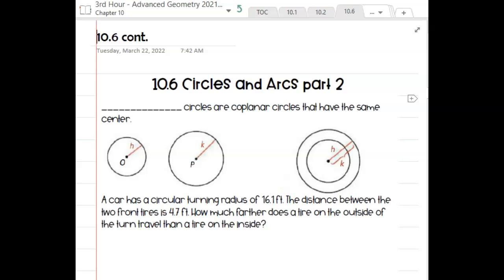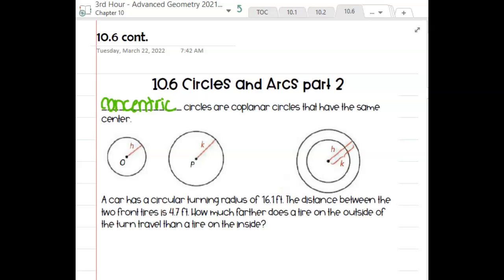Before we talk about that, we're going to spend a little bit of time talking about what are called concentric circles. Concentric circles are coplanar circles.